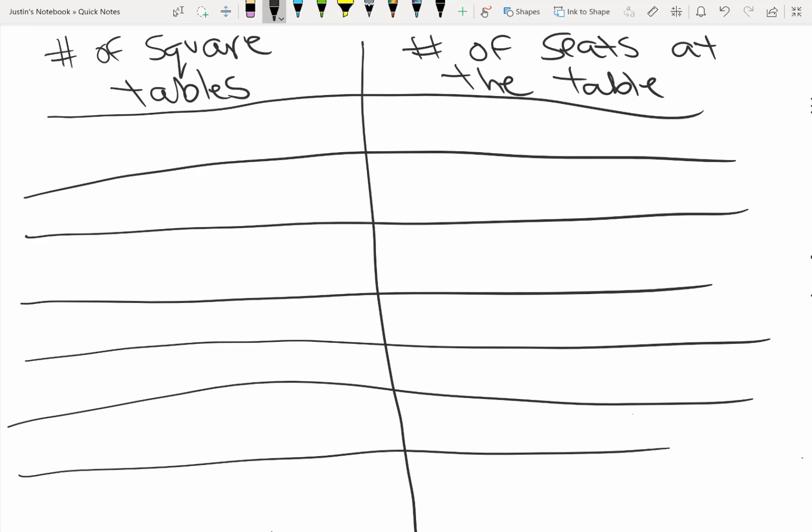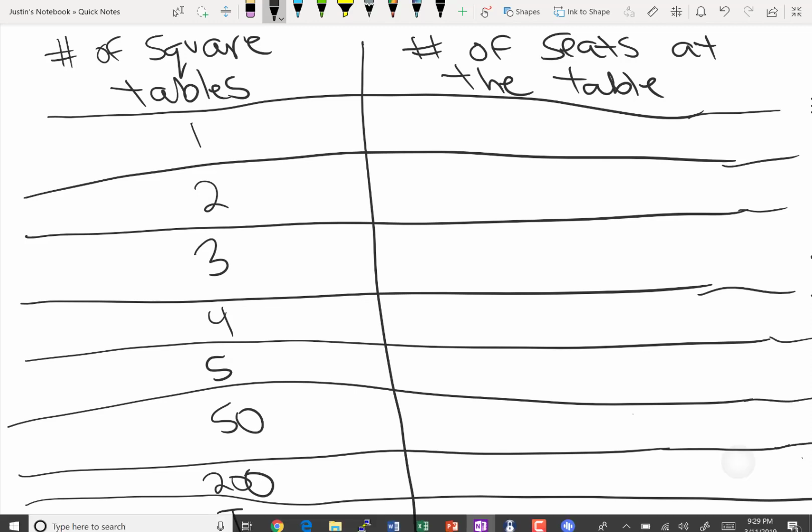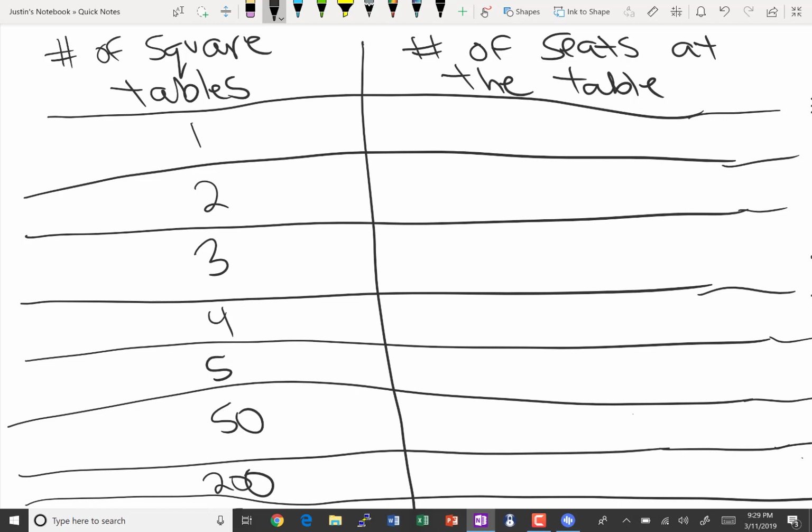So it goes number 1, 2, 3, 4, 5, 50, 200, and then it says T. Let me fix this to make it go to this side. So if we had one table, look at the first box there to show one table.